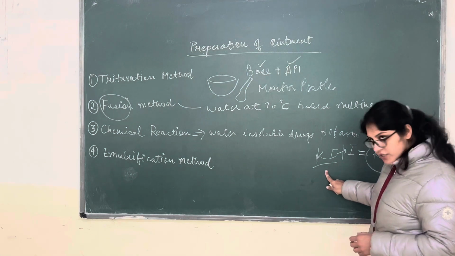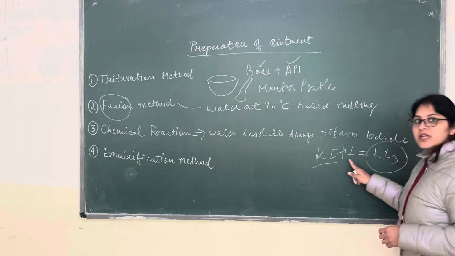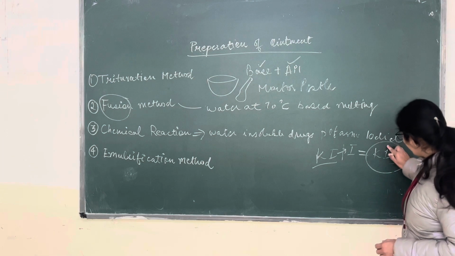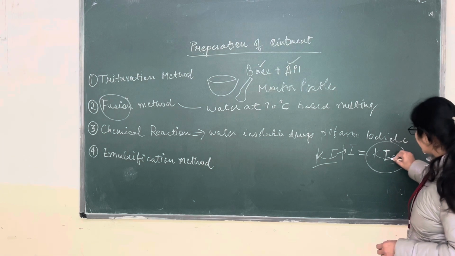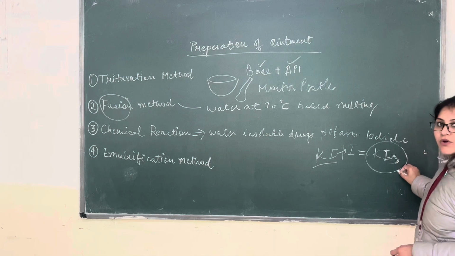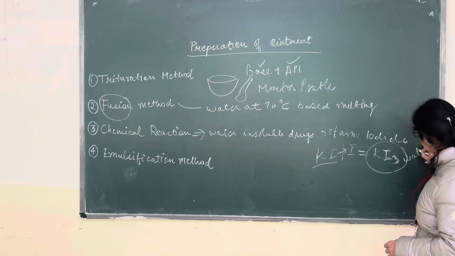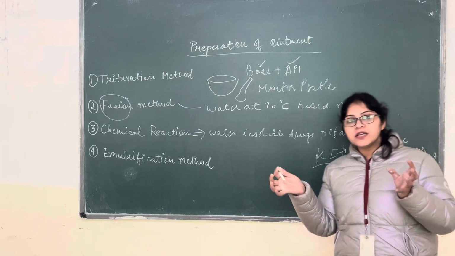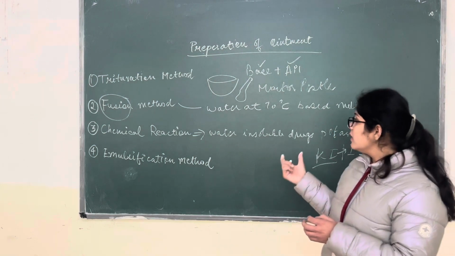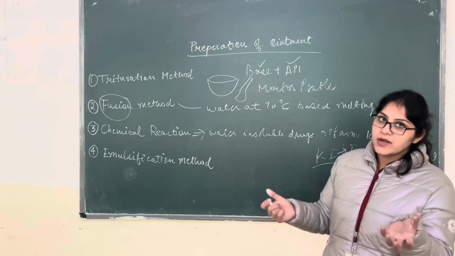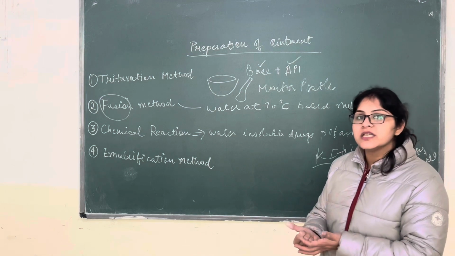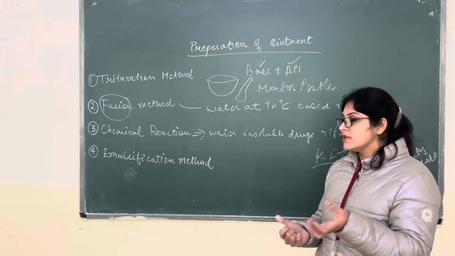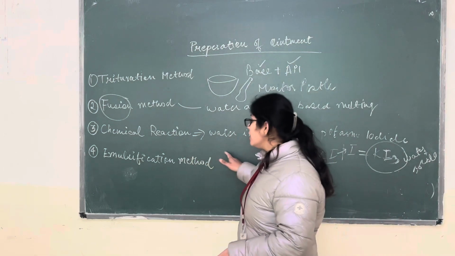So we add potassium iodide and react it with iodine to produce the polyiodide form, which is water soluble, and it forms a suitable homogeneous ointment by reacting two or more ingredients. These are the chemical reaction methods.